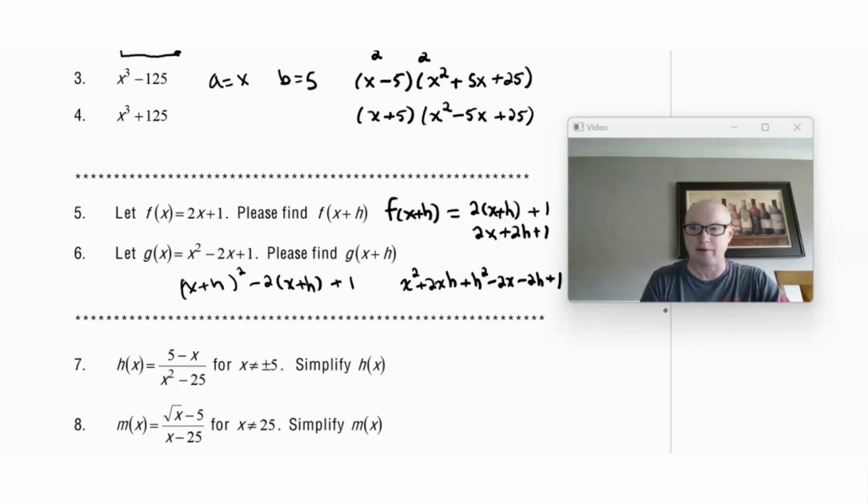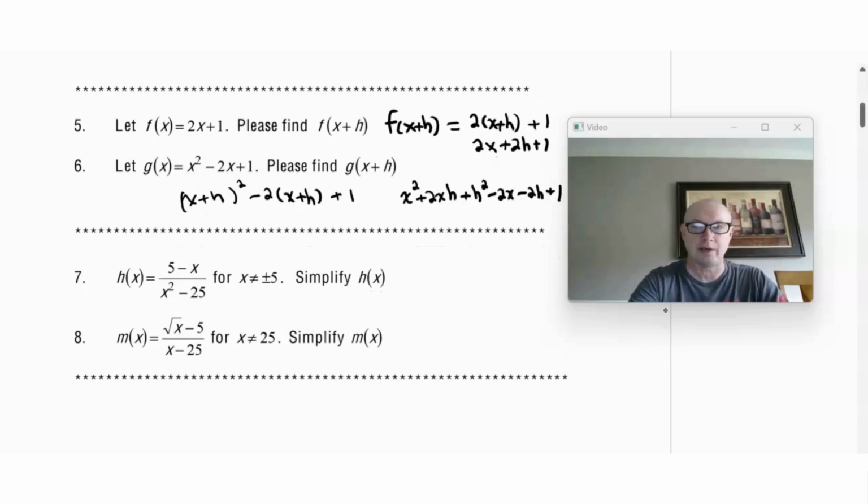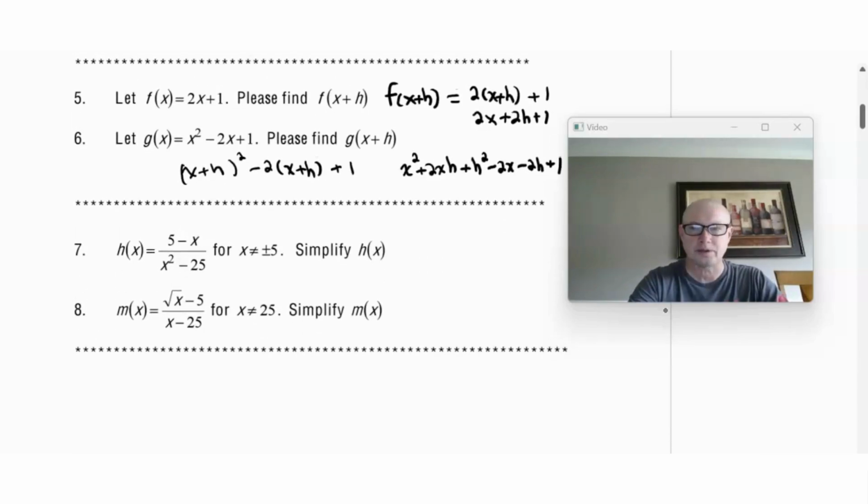So problem 7, these are some factorings that you may not have seen in, let's say, pre-calc or algebra 2 that's going to pop up in the AP Calc. So we have 5 minus x divided by x squared minus 25. So when we're going to do this now, we're going to factor the bottom.